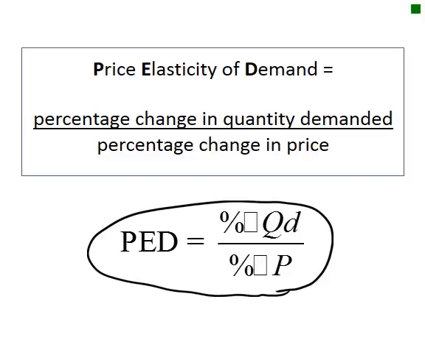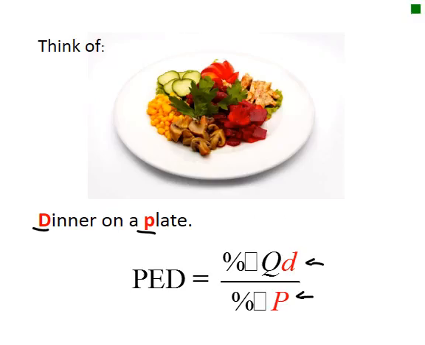So, percentage change in quantity demanded over percentage change in price. If we think of a dinner plate, we've got D over P. Maybe this helps you to remember the formula, so be it.